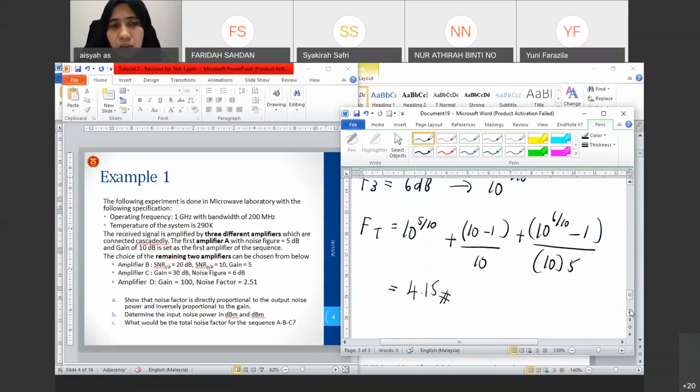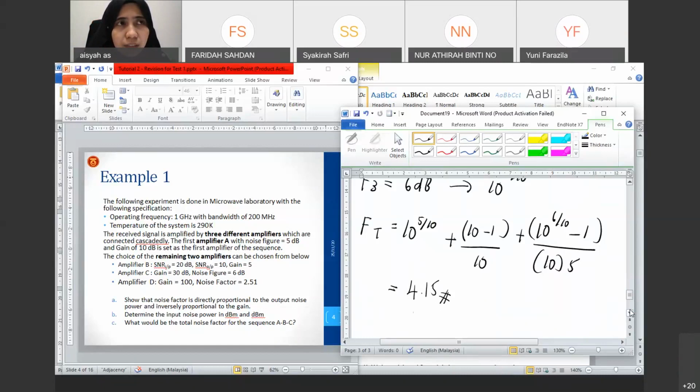Okay, any other questions for the first example? Yes, in the test there will be noise questions, but I'm not really sure what type of noise. But you need to be familiar with this formula, that means the Friis formula, and the dB, that means how to change from dB to linear forms.